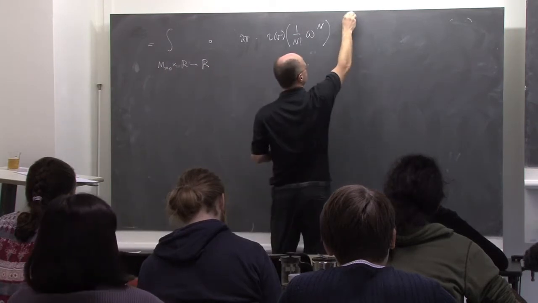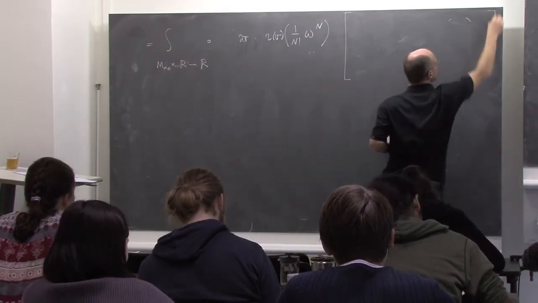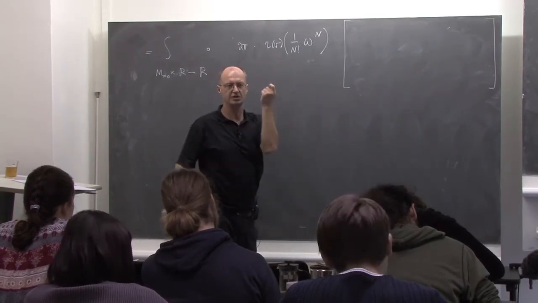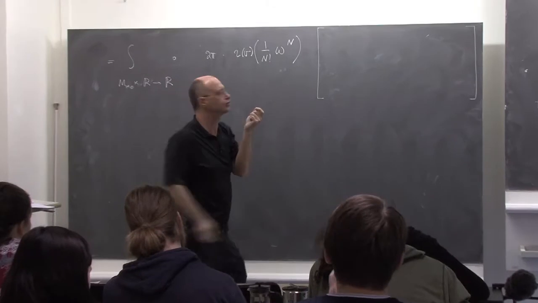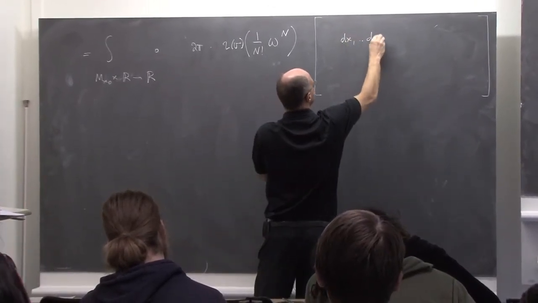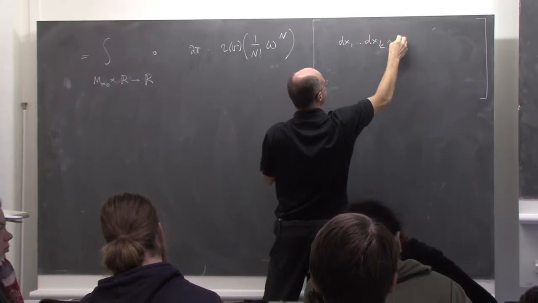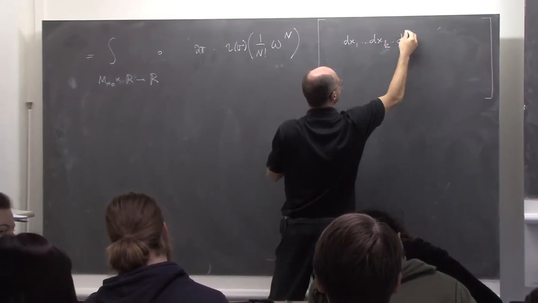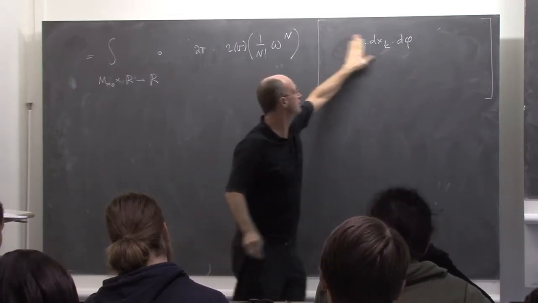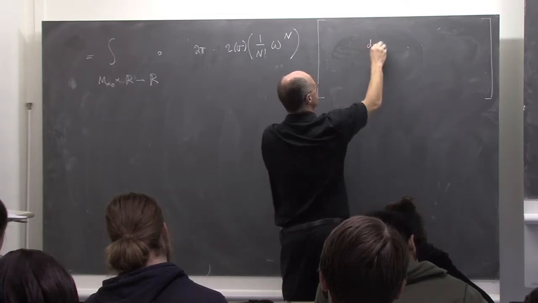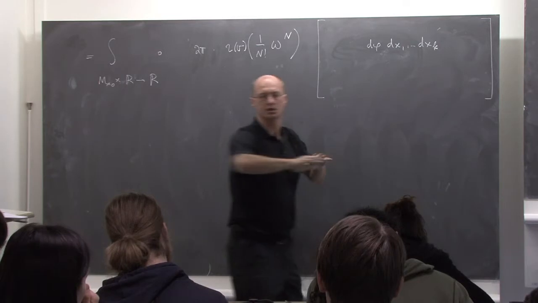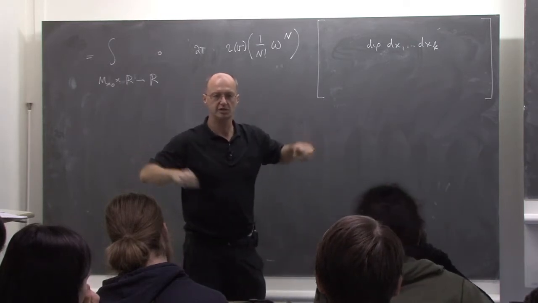Just to make it a bit more clear, how did it work? Imagine how it looks locally. Our top degree form was a product of, let me write it this way, d phi, and then the product of local coordinates on the base.